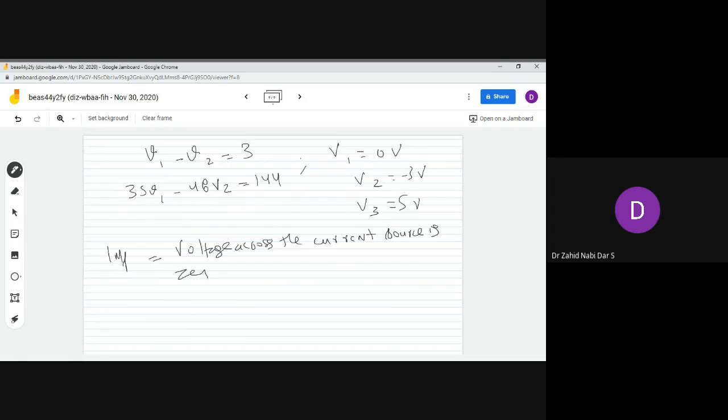That means confirming the current source works with any voltage source, including 0 volts. So for now, we'll wind up this discussion.